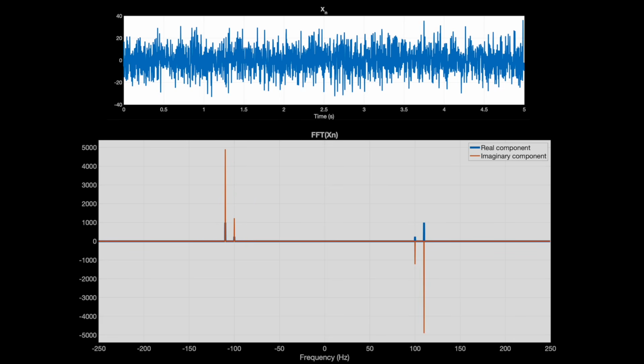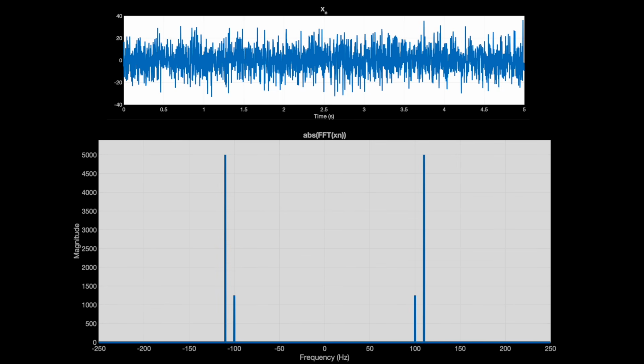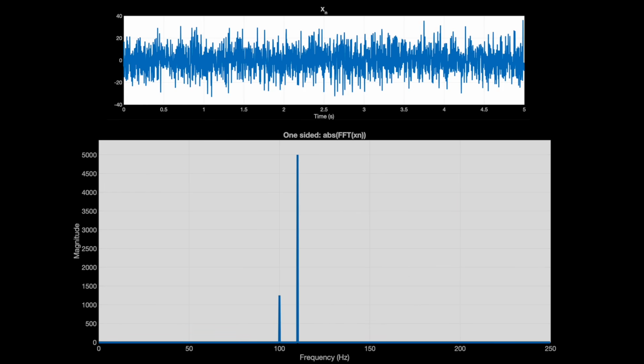And in that video, we covered how in some cases we aren't concerned with phase, so we just look at the magnitude by taking the absolute value of the FFT. And then, when dealing with real time signals, the magnitude of the FFT is duplicated between the positive and the negative frequencies. And since the information is the exact same, we can choose to only look at the positive frequencies, a so-called one-sided FFT. And this is where we left that video, with a one-sided plot of magnitude versus frequency.